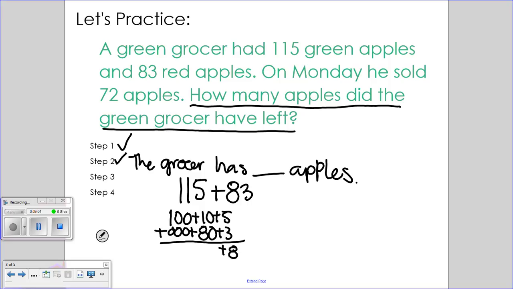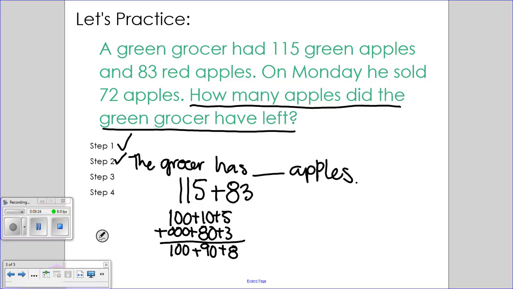10 plus 80 is going to give me, Lene? 90. 100 plus 0 is going to give me how much? 100.